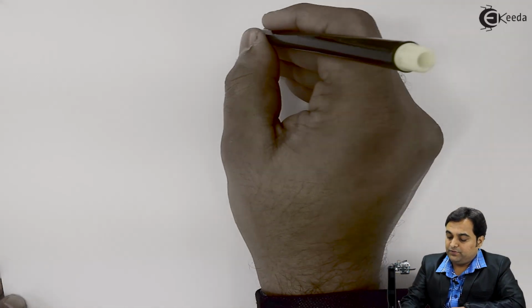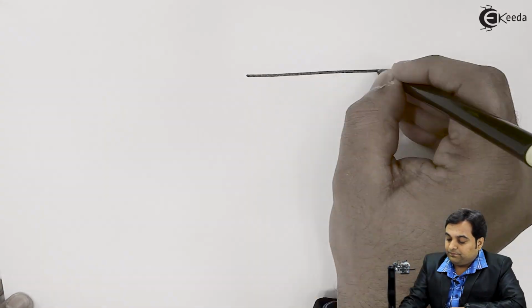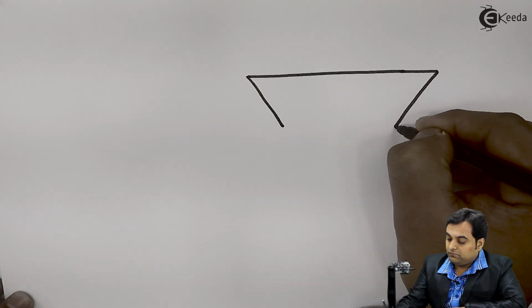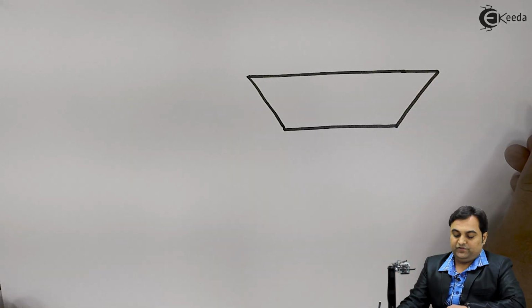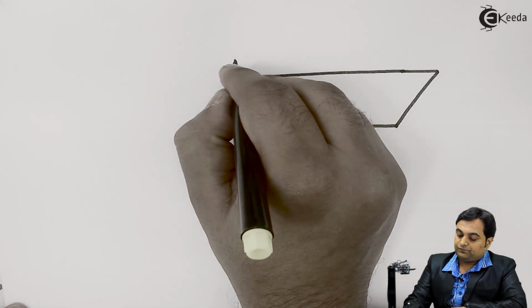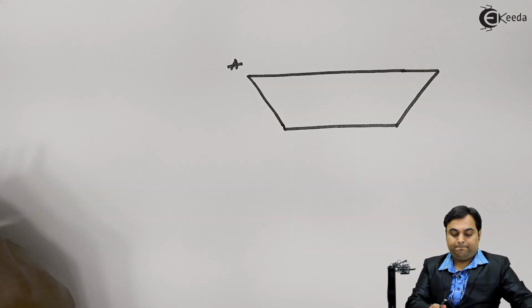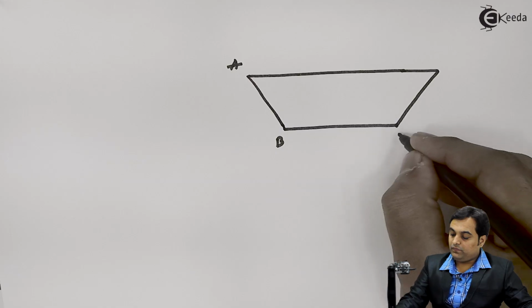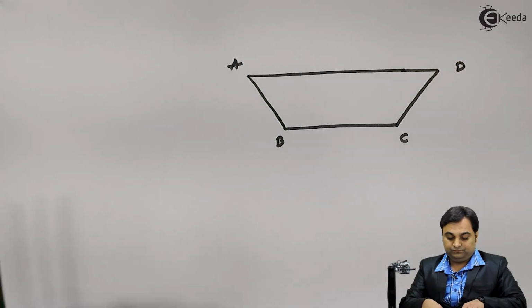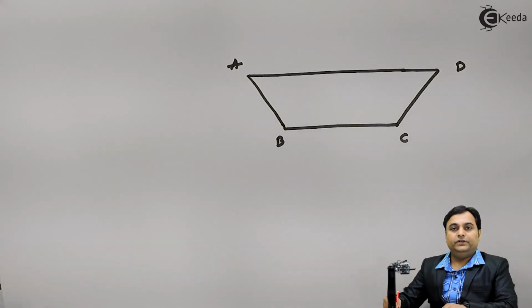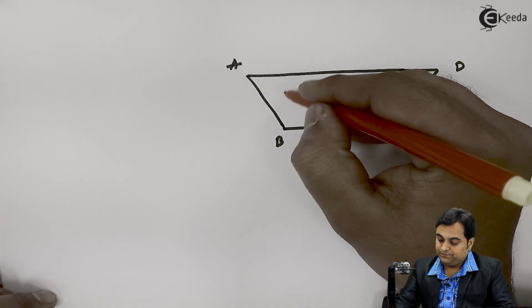For that purpose, I'll draw that trapezoidal section again. This is the trapezium which is there. It is A, B, C, D. Now we need to calculate the moment of inertia for this.